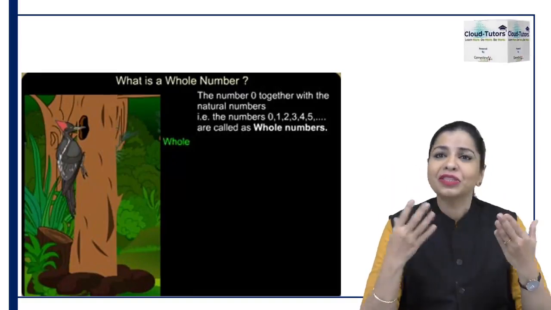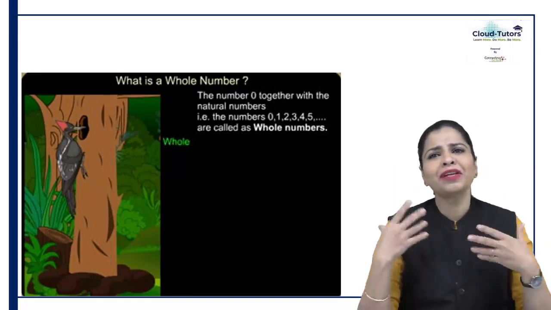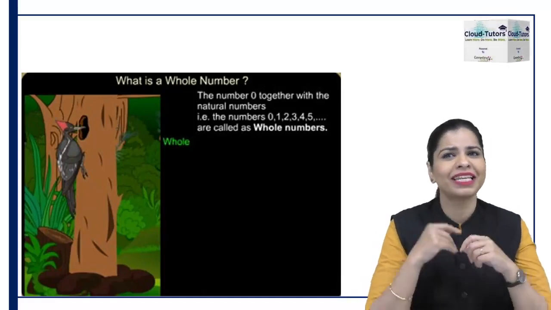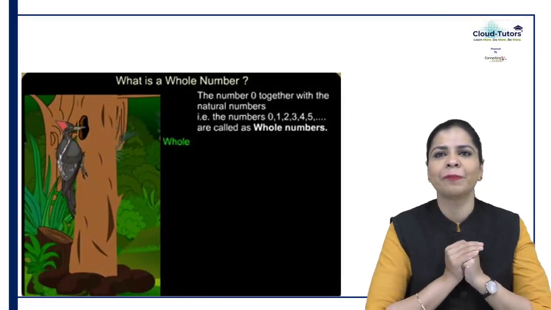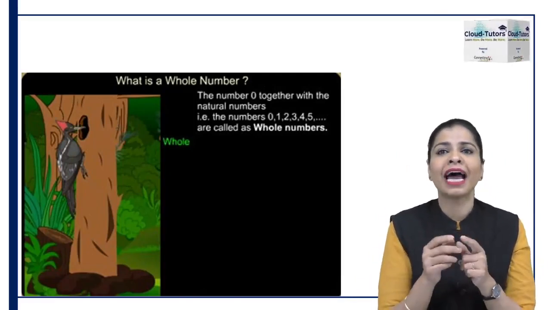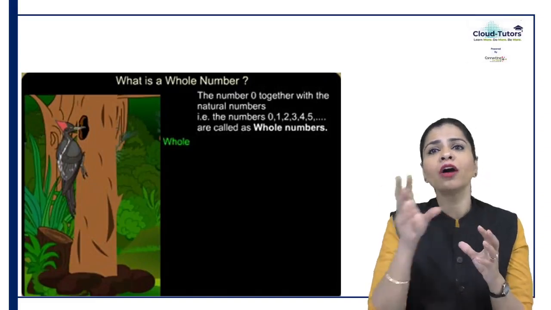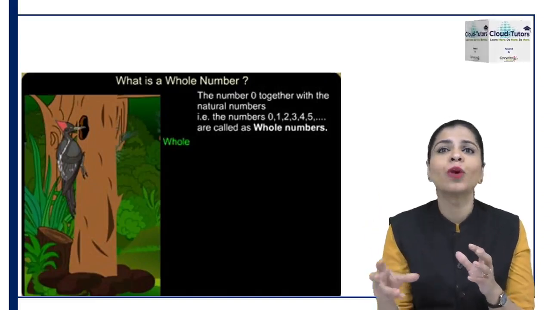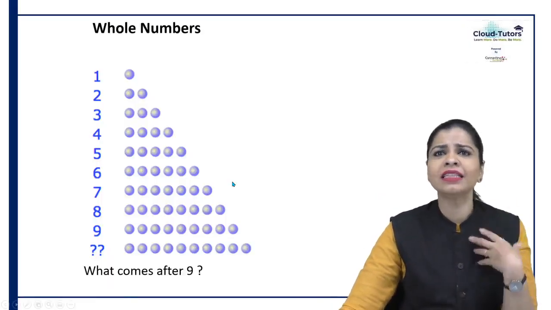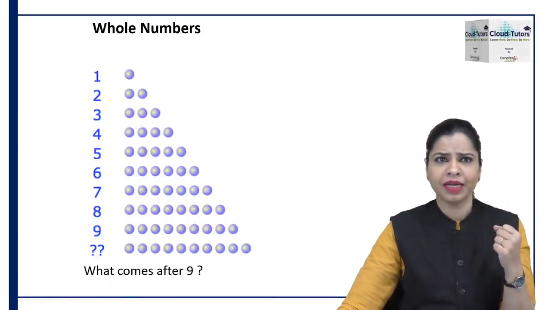There is no mathematical relation here, but logically we can connect them. They are called whole numbers because they have 0 along with the natural numbers, that is 1, 2, 3, 4, 5.